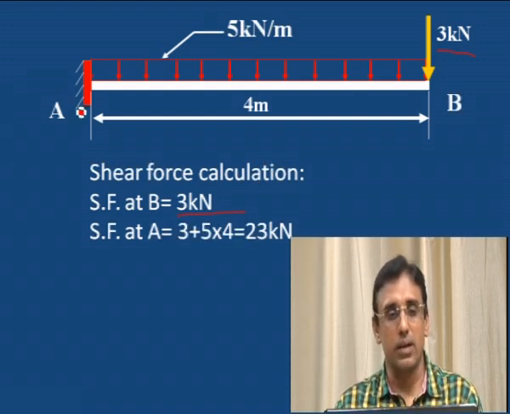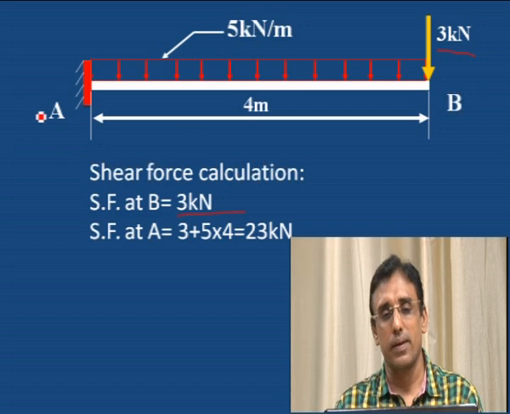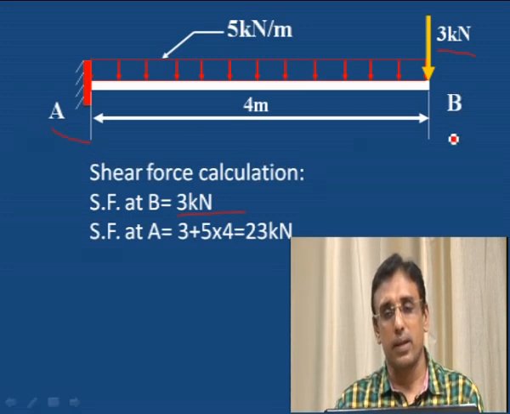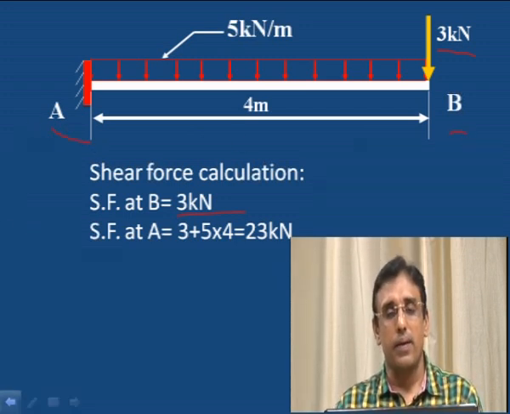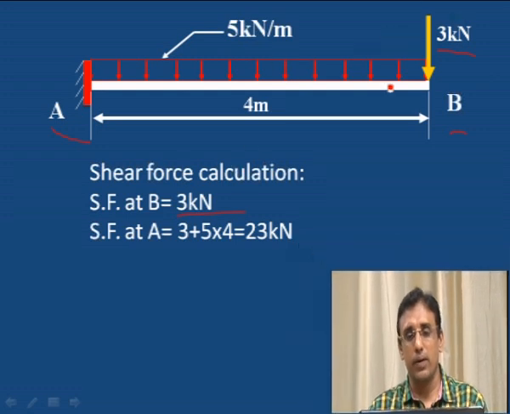Then shear force at A, because only 2 points are there, A and B. To calculate at A, previous value 3 kilonewton, plus one more load is added, that is the uniformly distributed load, which is acting at 5 kilonewton per meter. 5 into 4, 20 kilonewton is the total load acting. 20 plus 3, 23 kilonewton is the total shear force at A.